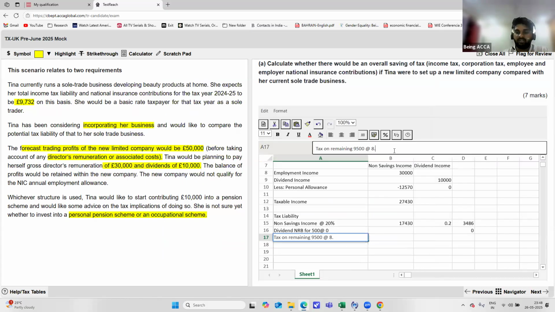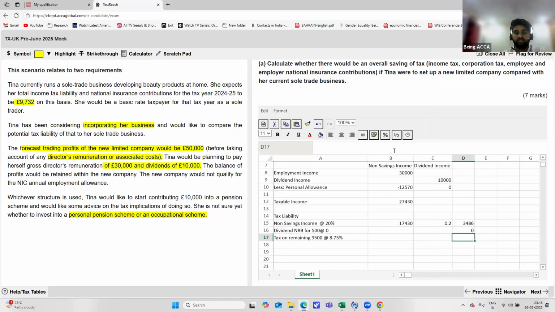So 9,500 into 8.75 percentage. This would give us 831.25. So therefore, total income tax would be equal to sum of these. So now we have got the income tax would be 4317.